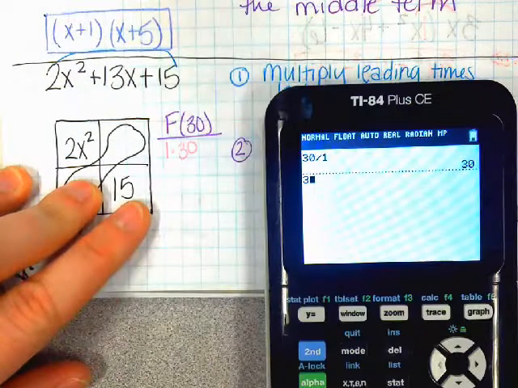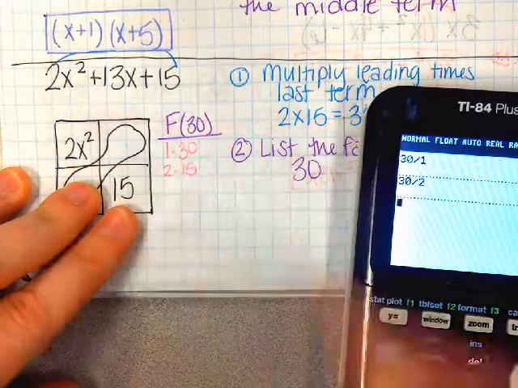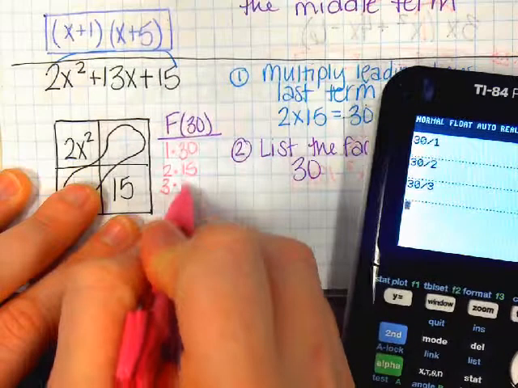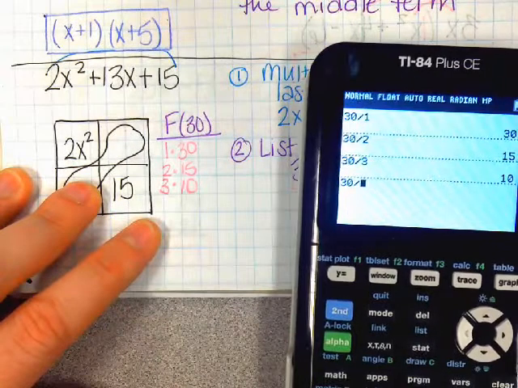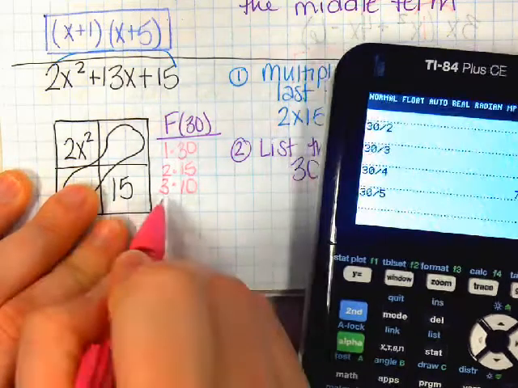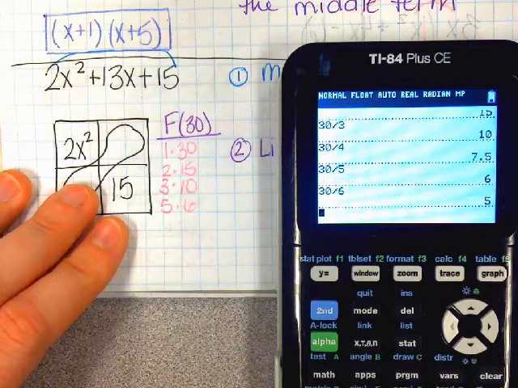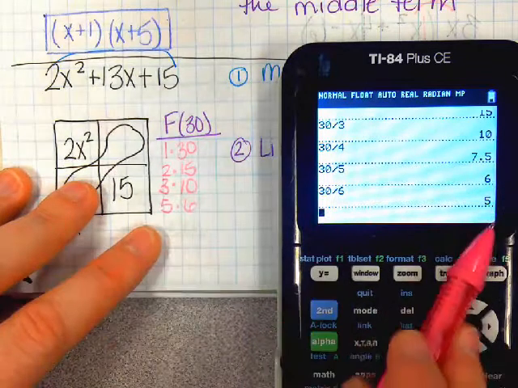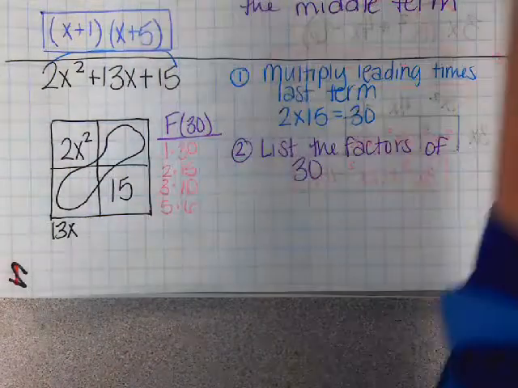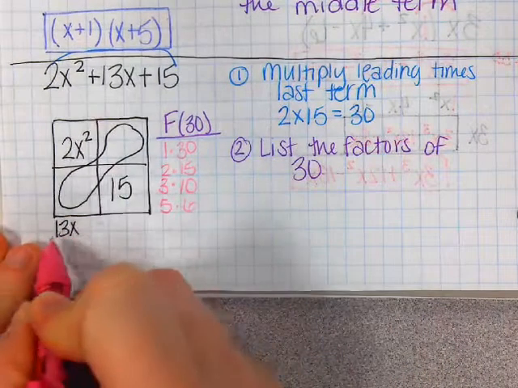So 1 times 30 is the first set of factors. Then divide by 2: 15. So 2 times 15. Then divide by 3: 3 and 10. 30 divided by 4, that's not a factor. 30 divided by 5, and then 30 divided by 6. Well, I've already listed 6 and 5 as factors, so I don't need to do any more of that.